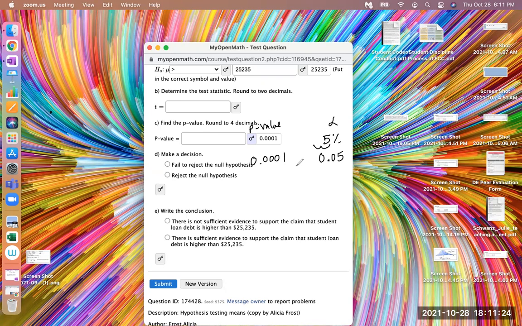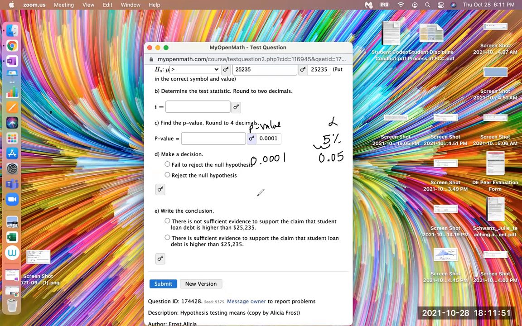And try not to say just P, because then you might confuse it with the proportion P. Sorry, I'm trying to help you not get confused. It's okay. So if the p-value is greater than alpha, then you do not reject the null.